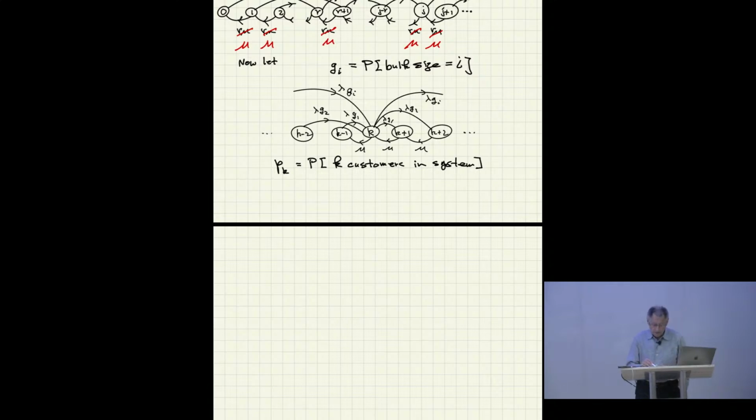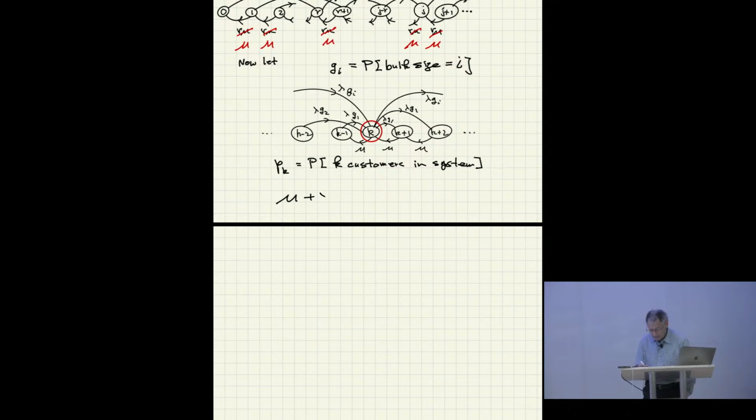Now, I made the point, and I'll make it again, that if you try to basically balance around the state K, we're going to get the following kind of system. First of all, what is the rate of leaving state K? Well, certainly mu plus some arrivals out of that state.